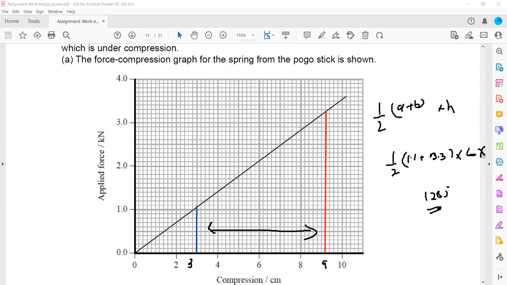You have to convert it into meters, because the unit of energy is joule, and joule is Newton meter, not Newton centimeter. Here it is in centimeters, so we have to convert into meters when we are calculating the answer in joules. So we divide by 100, or it will be 6 exponent minus 2. Is it clear? This one?